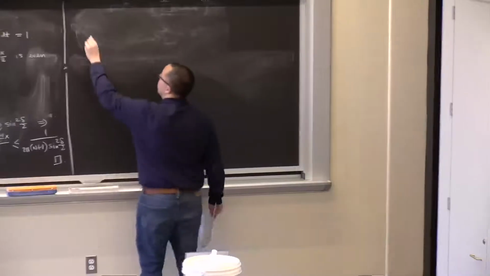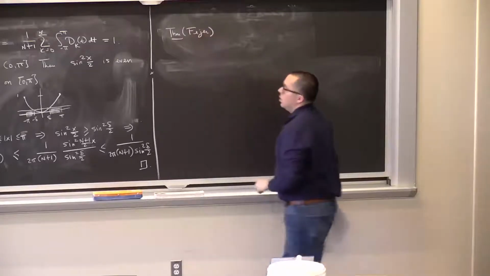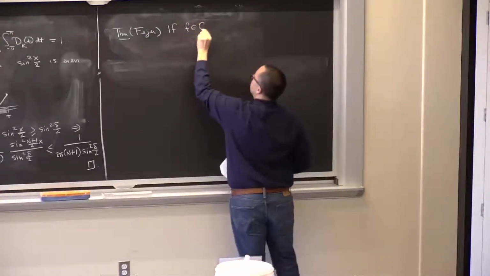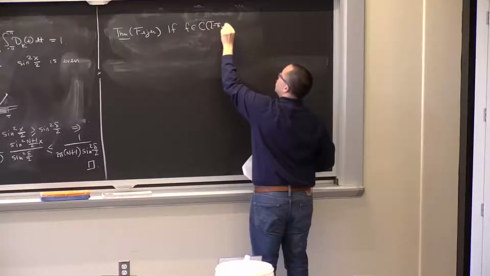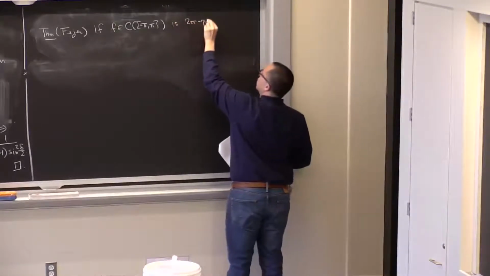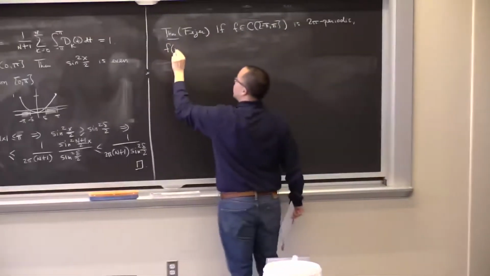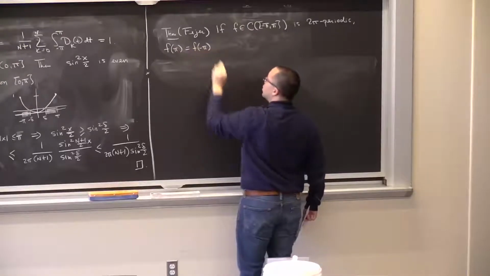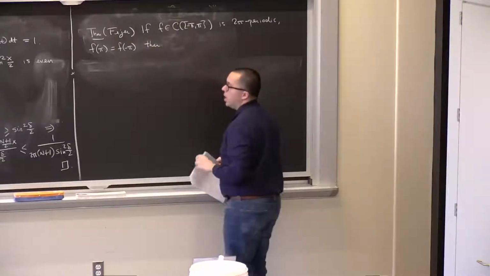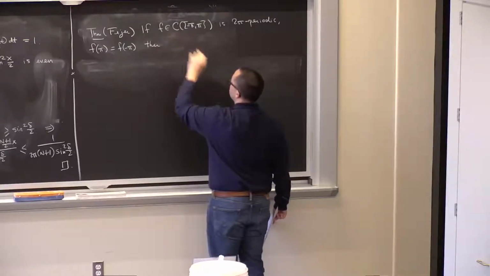Okay, so we have the following theorem due to Fejer. If f is continuous and 2 pi periodic, meaning f of pi is equal to f of minus pi, then not only do we have the Cesaro means converging to f in L2, we actually have it in the best sense that you could for a continuous function.